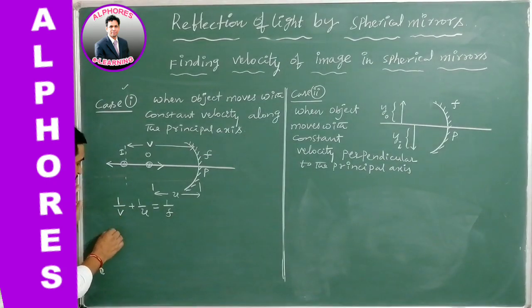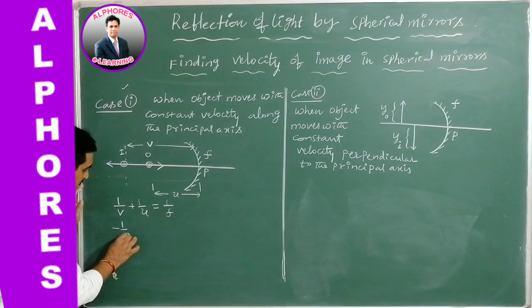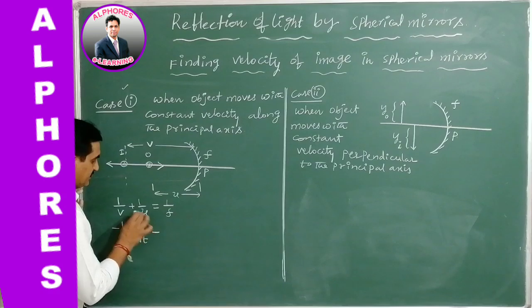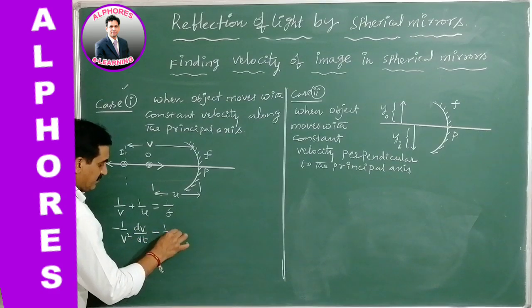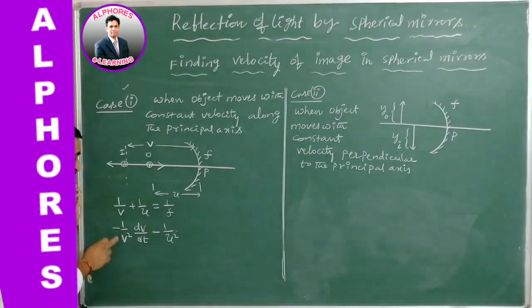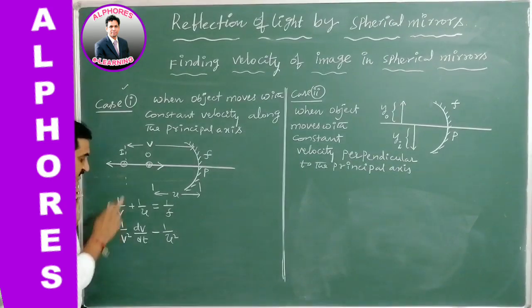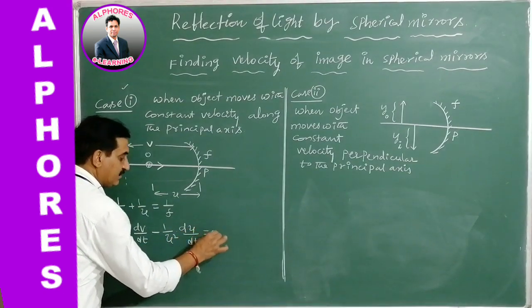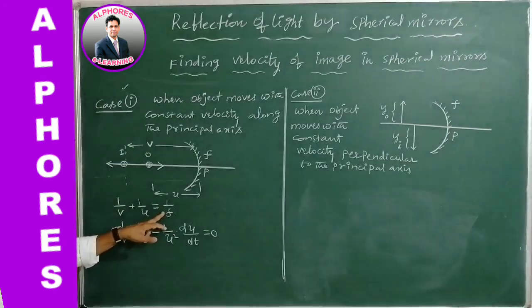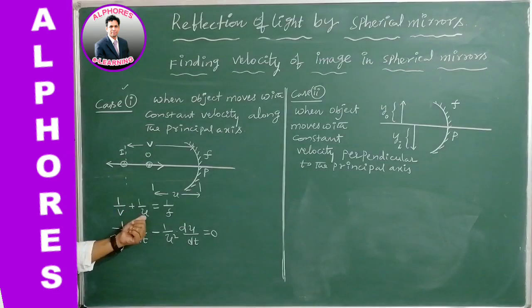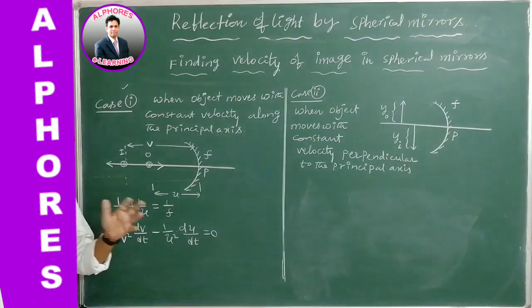The differentiation of 1 by v is minus 1 by v square dv by dt, and the differentiation of 1 by u is minus 1 by u square du by dt, which is equal to 0. Why is it 0? The focal length of the mirror would not be altered; as object distance and image distance both change, the focal length remains constant.